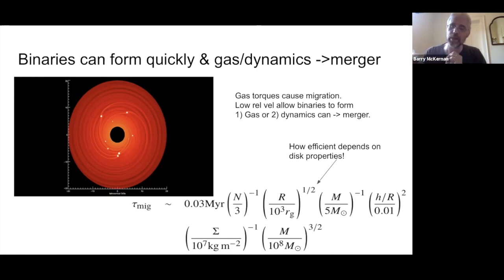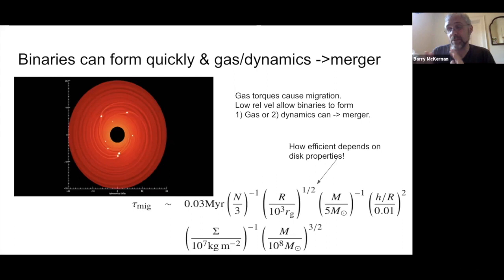Once you form a binary in a gas disk, there's two ways that you can influence the size of the binary. One is gas. The flow of gas around the binary can make the binary shrink, or can make it expand. I'll get back to that. Or there can be encounters with other embedded objects in the disk. Things that pass nearby can encounter the binary and either harden it, make it shrink, or make it expand.